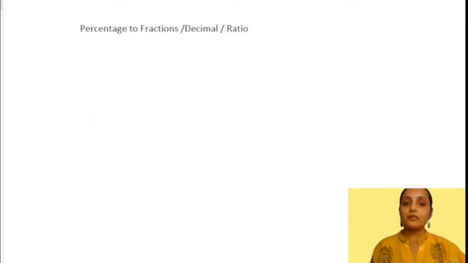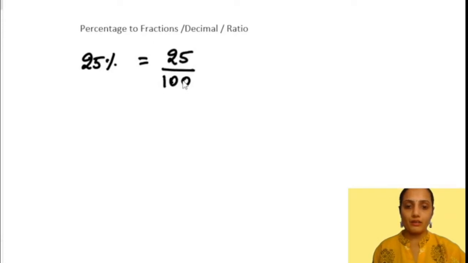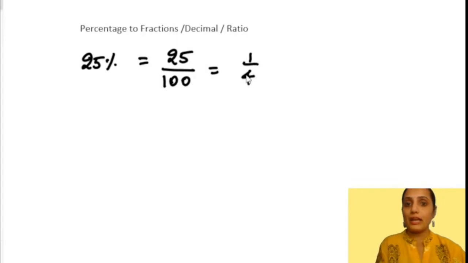Now the last one will be converting percentage back into fractions, decimals or ratio. So the procedure is all the same. Let's say we have 25%. Now we all know that percentage means dividing by 100. So this is nothing but 25 divided by 100. This gives us 1 by 4. So we have a fraction directly.